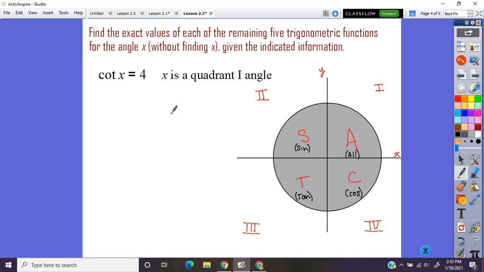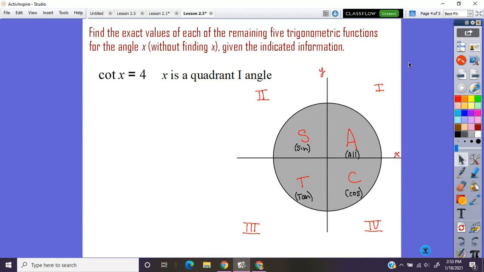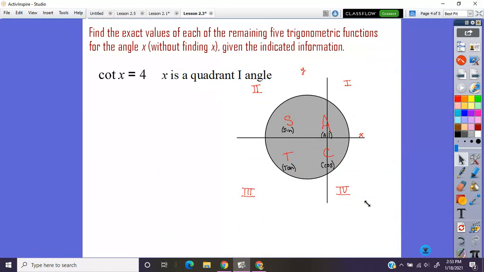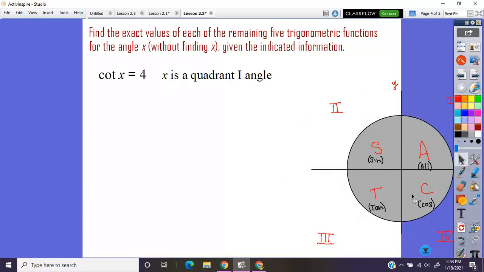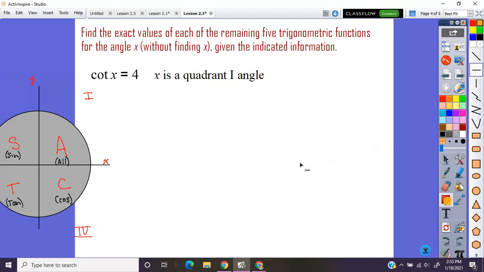So we've got a problem, and it says cotangent of x equals 4, and x is a quadrant 1 angle. So I'm going to erase these values here, but I do want you to, actually, let's do this. I'm just going to shrink them and move them over there so that we can still have that, but I want to draw another one.